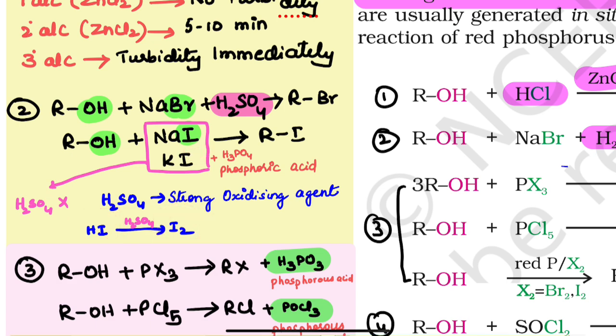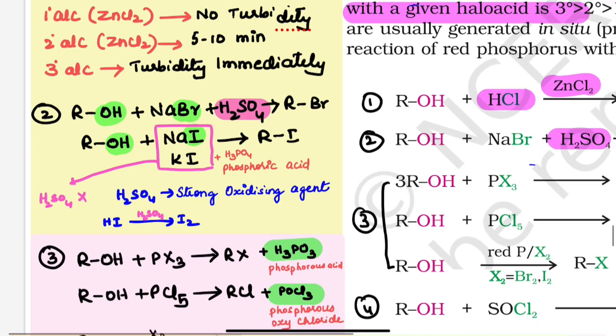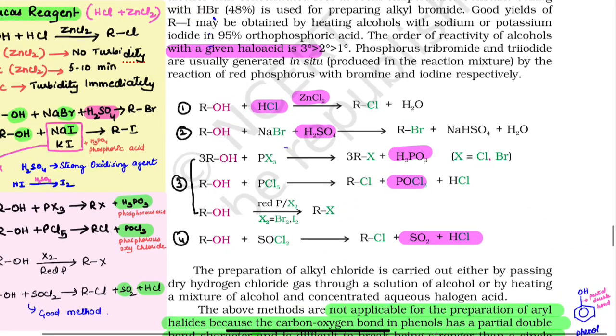That is why we are not using sulfuric acid when iodide is taken. For the second we are not taking sulfuric acid, and for the first one we are taking sulfuric acid. See the second reaction: alcohol when treated with sodium bromide in the presence of sulfuric acid, we are getting RBr. And remember one more point here, very important.